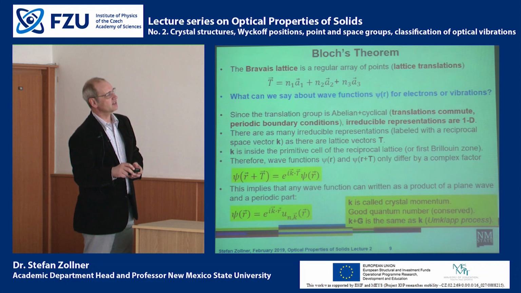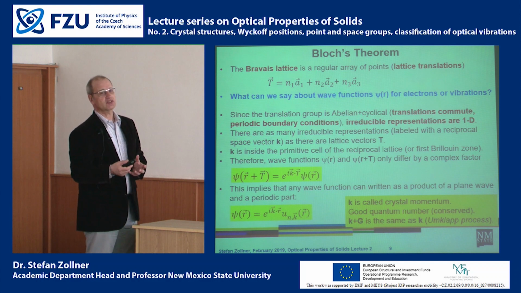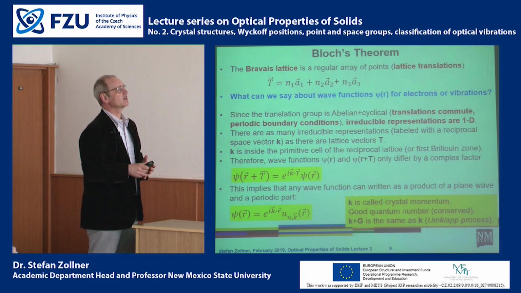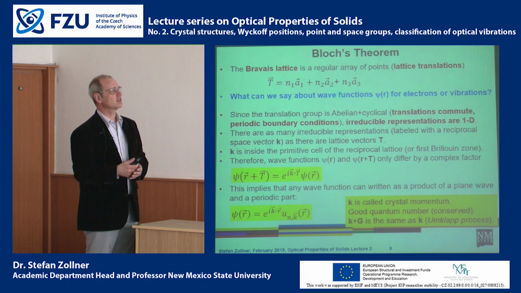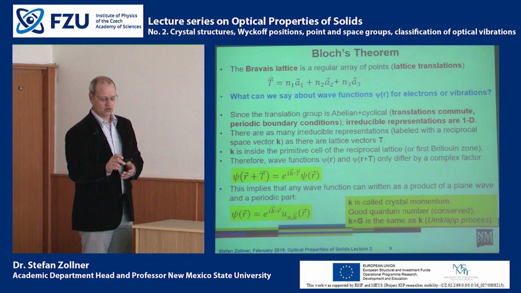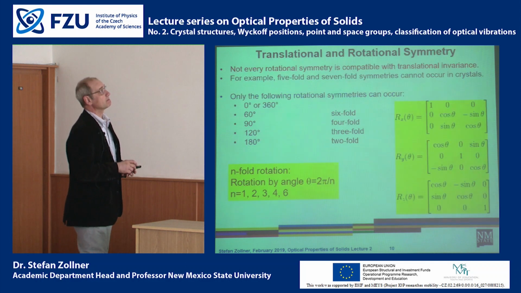So translating a vector in reciprocal space by a reciprocal lattice vector, that translation does absolutely nothing. So we always have to consider the fact that k can be shifted by a reciprocal lattice vector, and in that case crystal momentum is still conserved, and such a process would be called an Umklapp process.